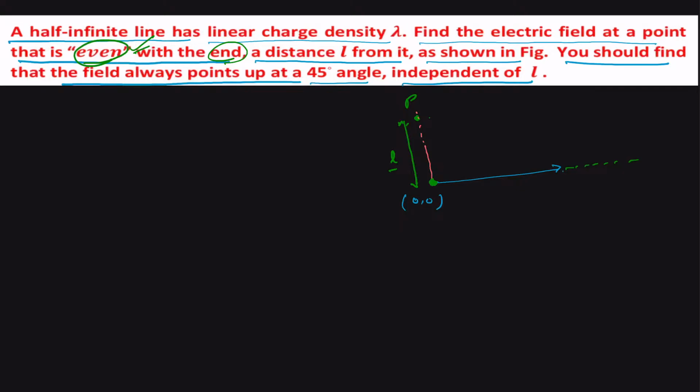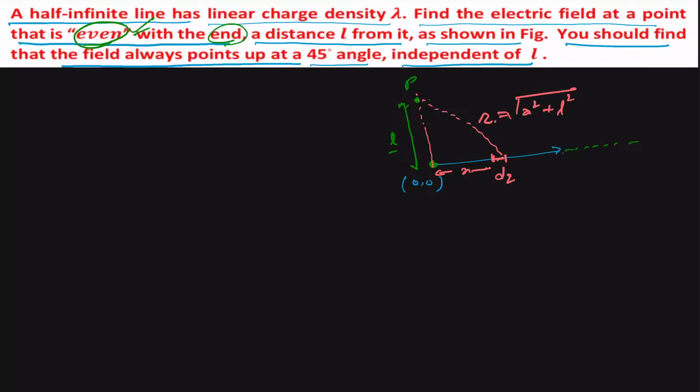Once again, we are going to consider a small charge distribution dq at a distance x, and this will be our R. Therefore, we can find that R will be equal to the square root of x square plus L square.